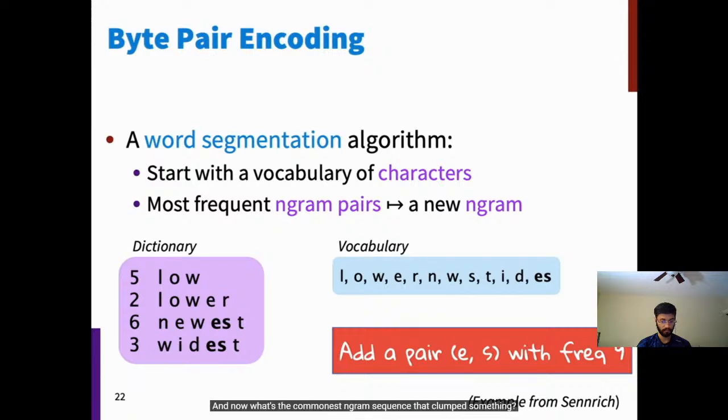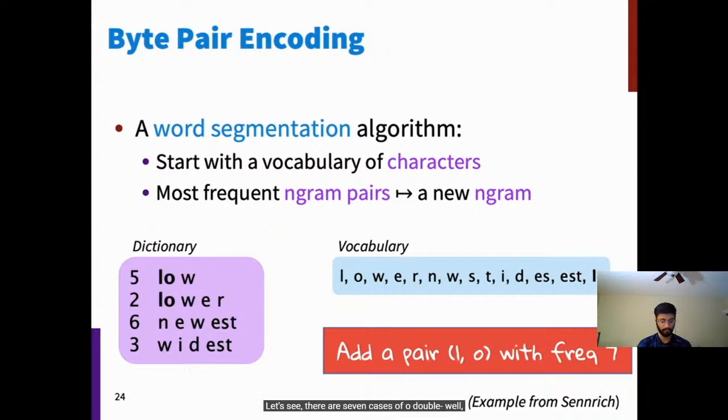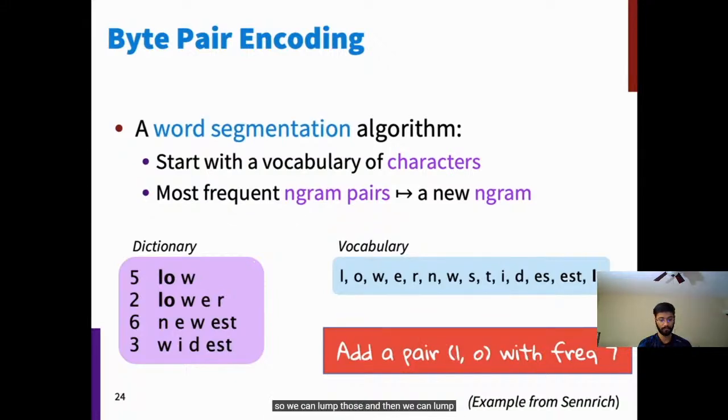And now what's the commonest n-gram sequence that clumps something? Well, actually all of these ESs are followed by T, so we also have EST with frequency 9, and so we can add that to our vocabulary. And then we ask again, well, what's another common letter sequence? Let's see, there are 7 cases of either LO or OW, so we can lump those, and then we can lump again and make an LOW.